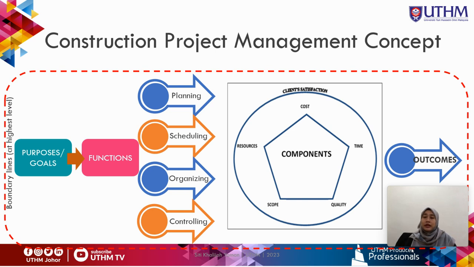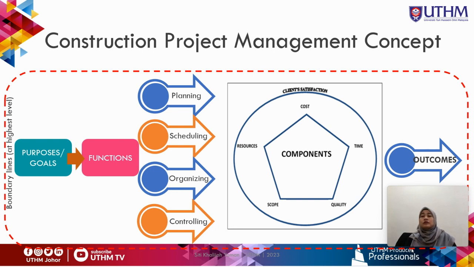Other than that, the components that you need to look into in your planning and scheduling are the quality of the product or the project, the scope of work involved, and finally the resources. These resources include all the machineries, the materials, and also people.